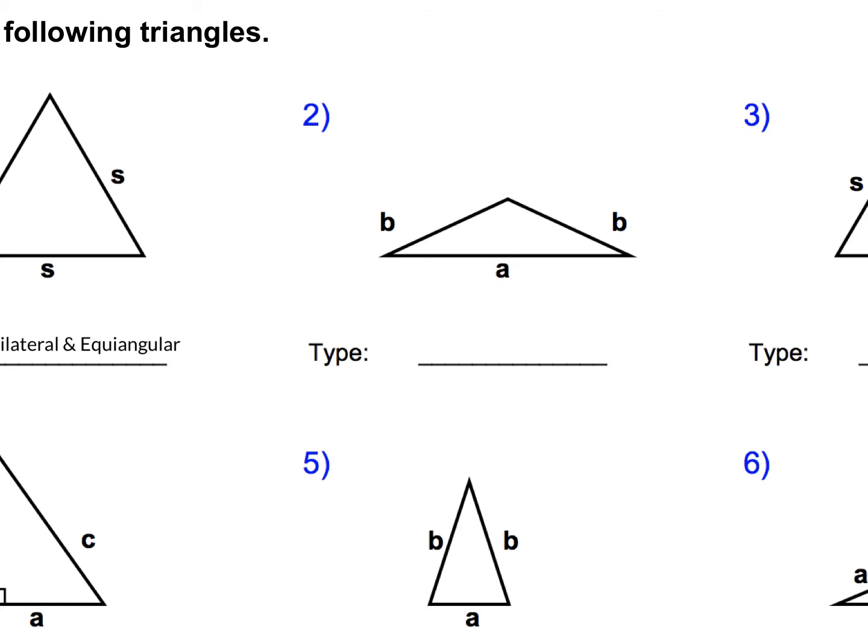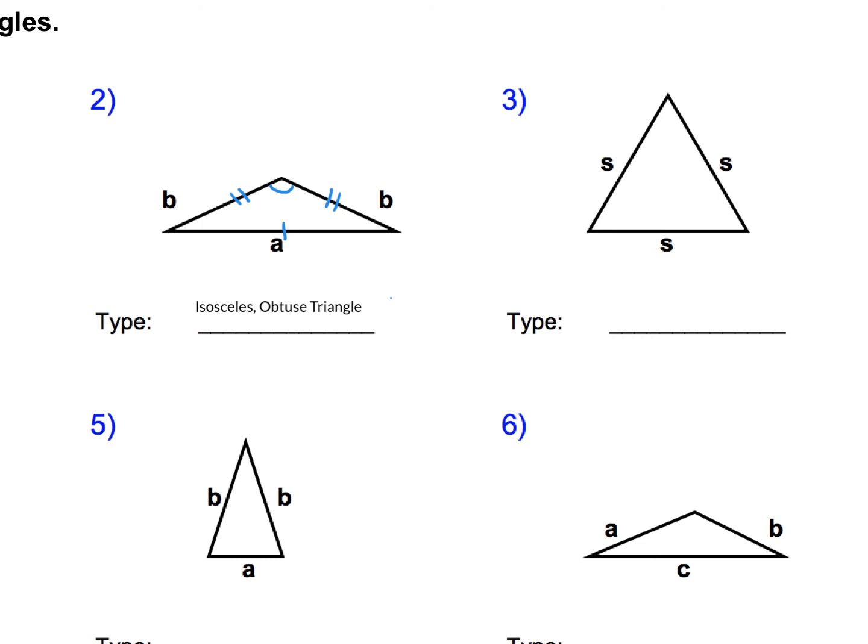Let's look at number 2. If we have one side that's different, and two sides that are the same, remember, two sides that are the same are isosceles. And we can also see that we have one obtuse angle. So it's an isosceles obtuse triangle.